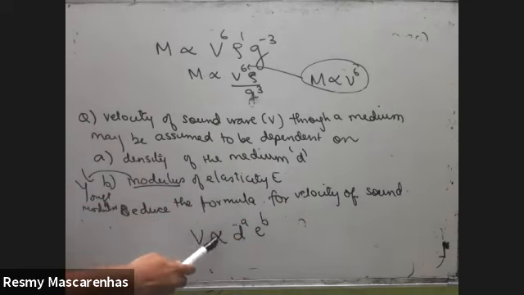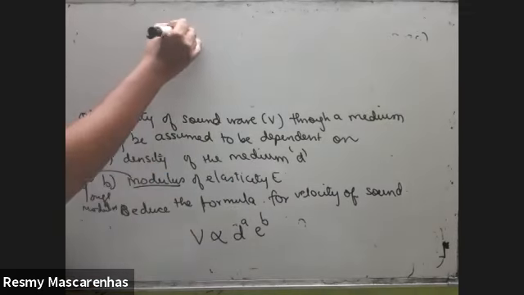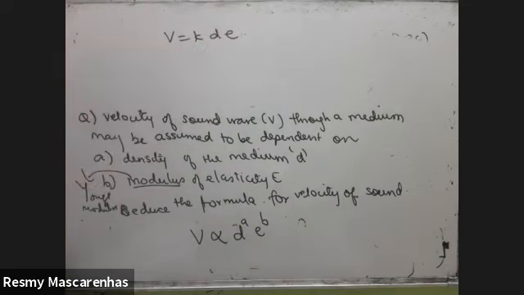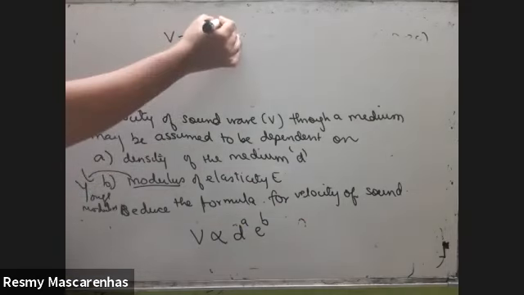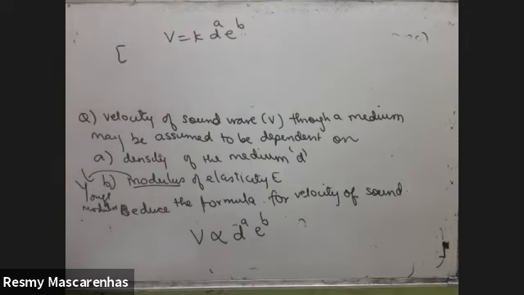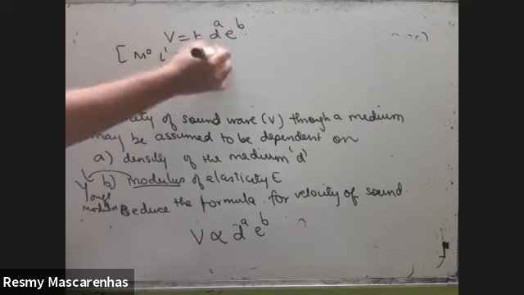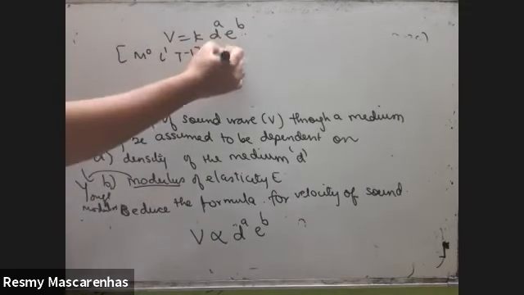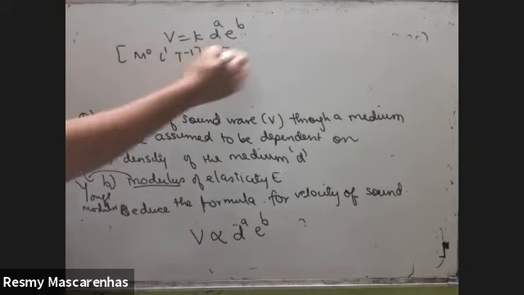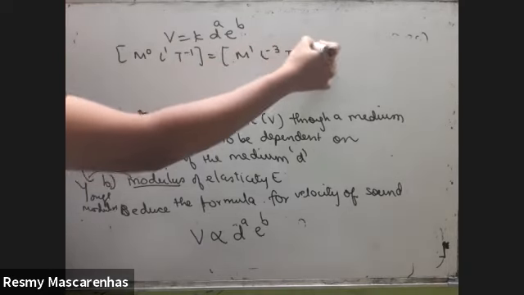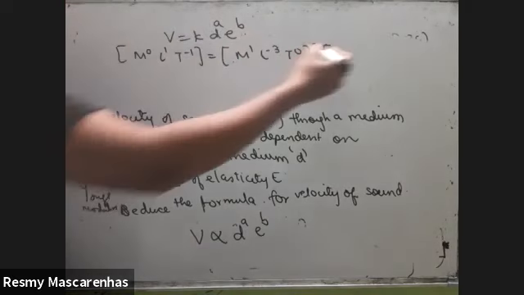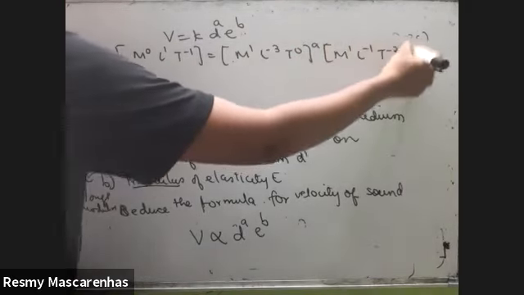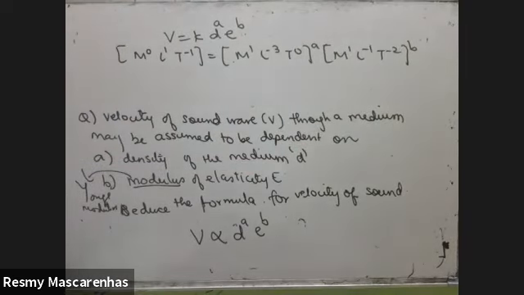So velocity is directly proportional to something, which will be the formula. And then calculate.